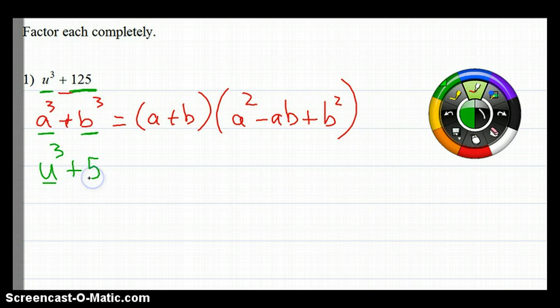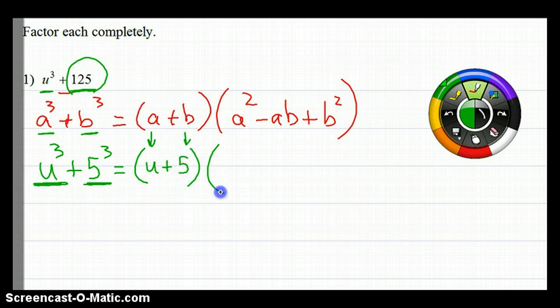That's why I wanted you to write down your perfect cubes, because 5 cubed is where this 125 comes from. So what does that mean? Wherever you see an A, you're going to put a u. Wherever you see a B in your formula, you're going to put a 5. So how does u cubed plus 125 factor?